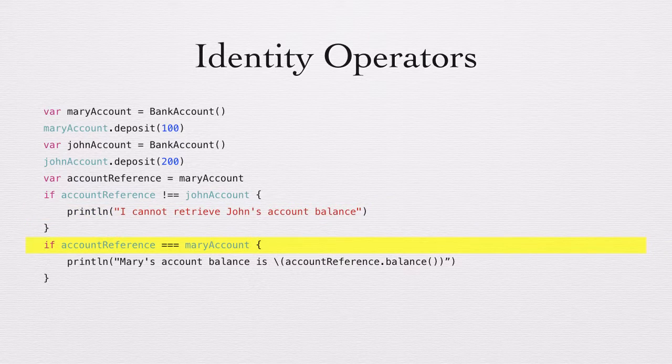Next, we check if the account reference currently refers to Mary's account. As this is true, we retrieve and print Mary's account balance. Note that these two identity operators cannot be applied to structure instances as structures are always value types.